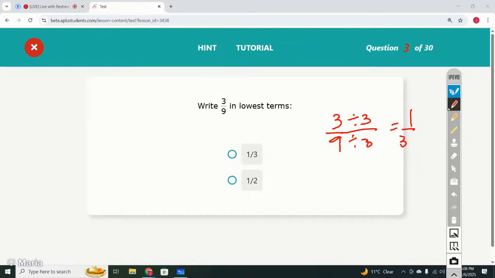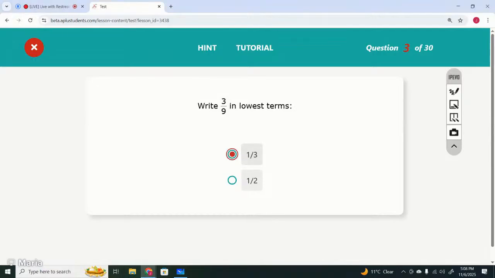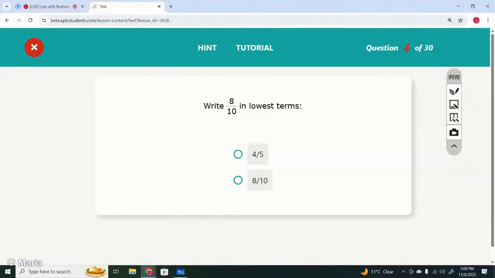So that equals 1 by 3. The correct option is 1 by 3. Option number 1 is the correct option.